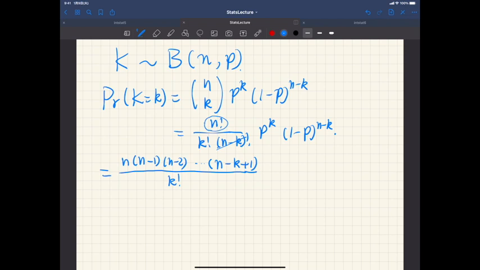The remaining terms are cancelled by this n minus k factorial. Also we put p equal to mu over n, just to change the variables. So in place of p we have mu over n to the power of k, and 1 minus mu over n to the power of n minus k.